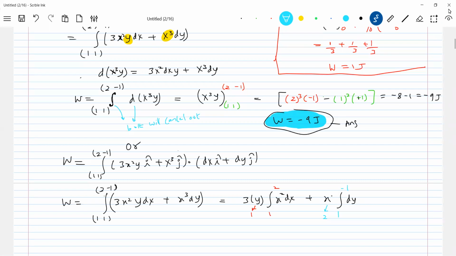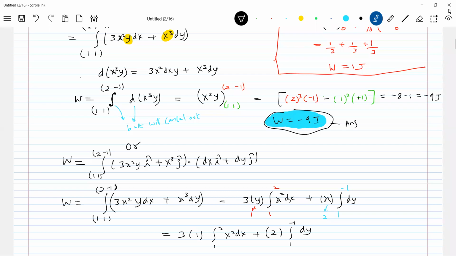So next I'll substitute all the conditions. What are there? So what is the value of y? Y is 1. This is 1 comma 2 x square dx. Then after integrating, what will happen? This x has become 2, no? 1 comma 2. So this is 2. Then 1 comma minus 1 dy.